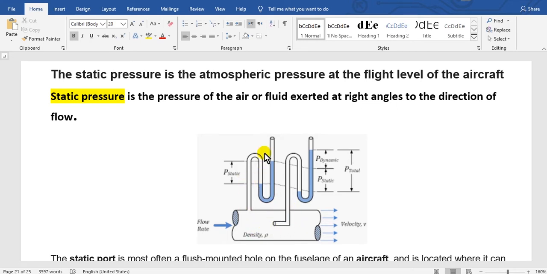Look here, this is the difference. This is the static pressure from here to here, and the dynamic from here to here. This is the total pressure. If you subtract the static from the total, you will get the ram pressure.